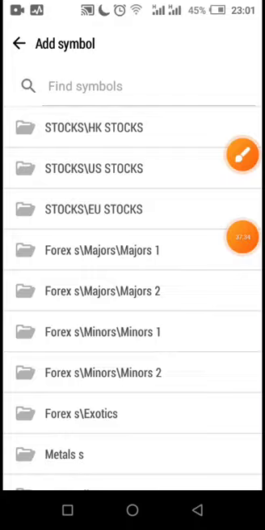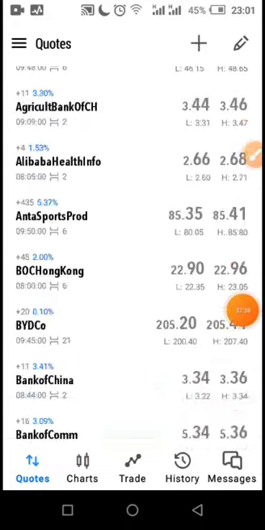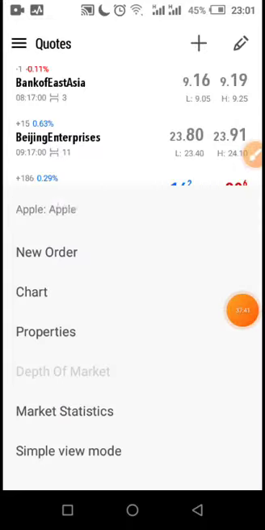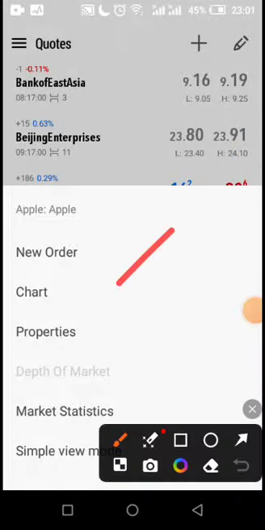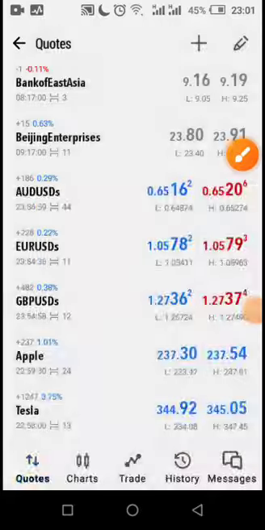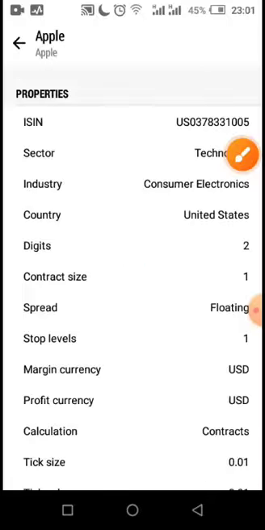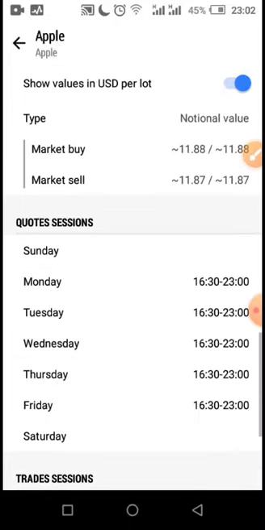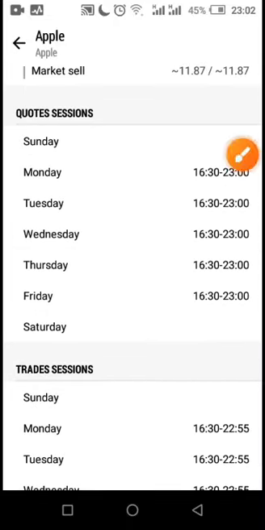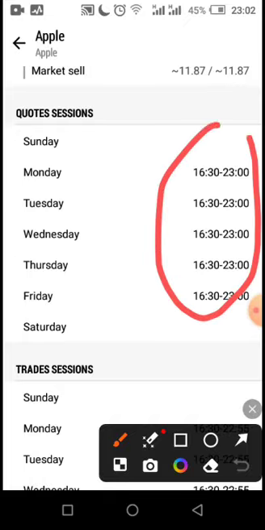Now, the stocks also, remember, like I said, if you want a confirmation with your broker for the trading hours, you can even check on the properties. And for most brokers, if you are trading through MetaTrader, they will show you the trading hours in GMT time.